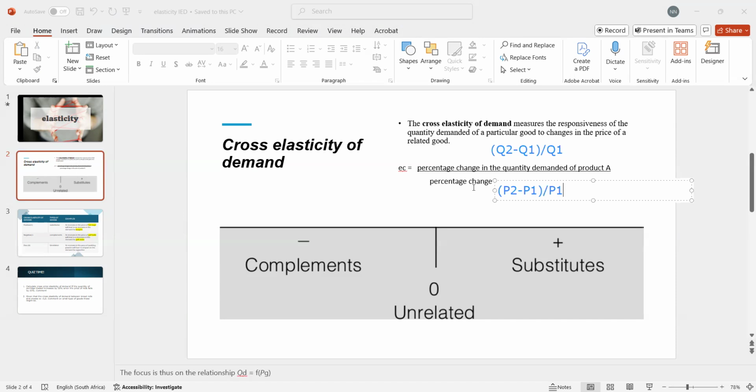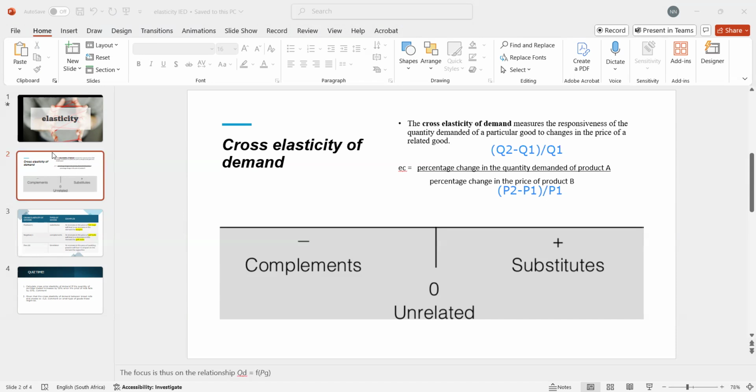The change is calculated by saying new minus old divided by old. So you're going to look at the quantity demanded for product A, and also look at the price of product B.